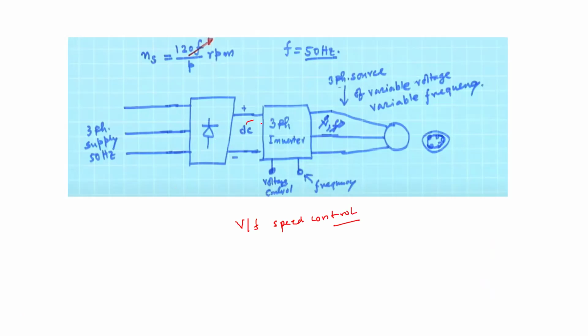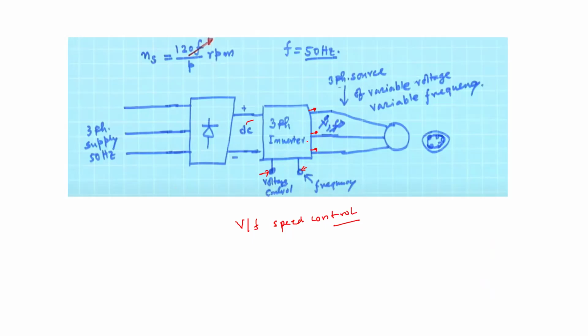This DC supply is given to the three-phase inverter, and by controlling the modulation index and the switching using some control mechanisms, by varying the modulation index control signal, the reference signal, which you give to the three-phase inverter, you can vary the voltage of the three-phase AC output as well as the frequency of this output voltage.